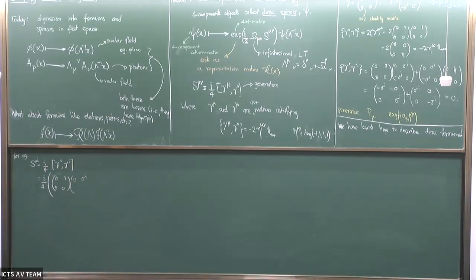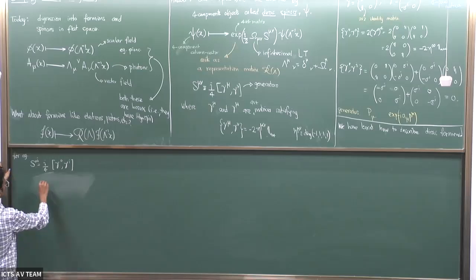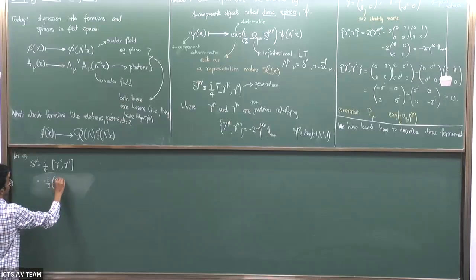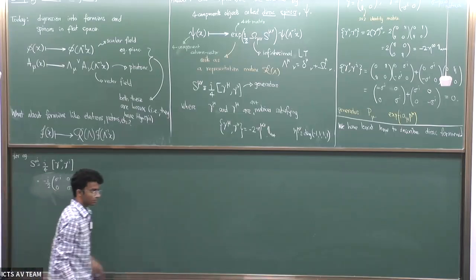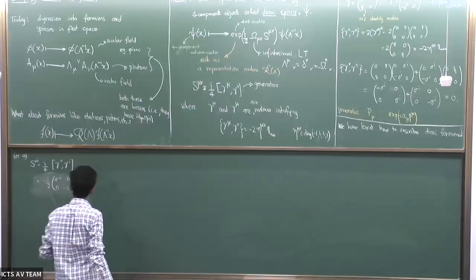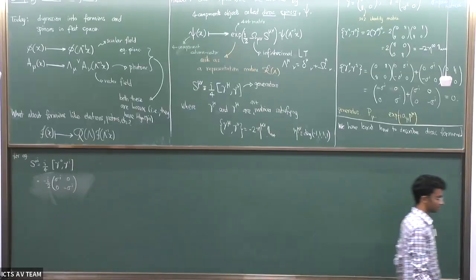Subtract which two lines? Okay, great. What's the answer then? Thanks. So this is minus i over 2 times gamma I. Let me just check with what I had.